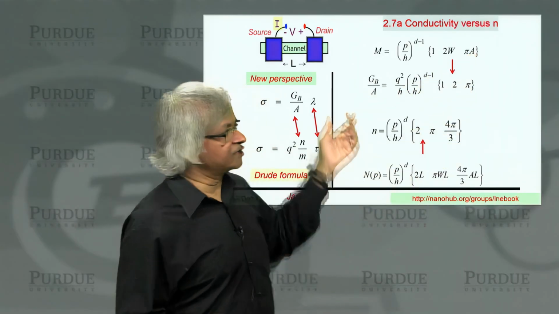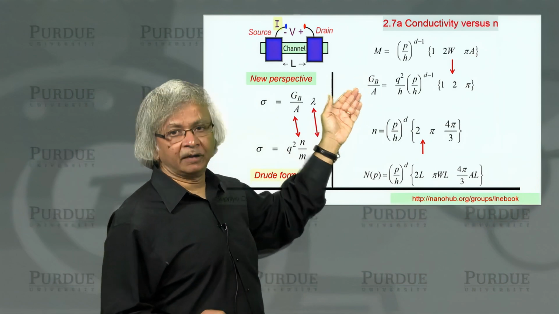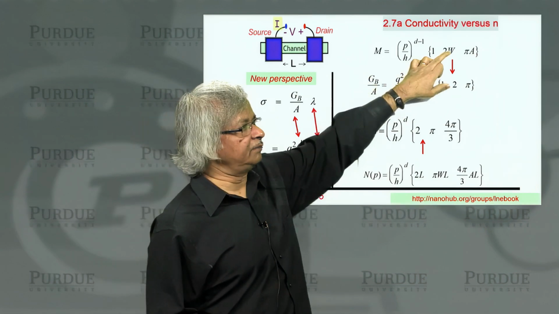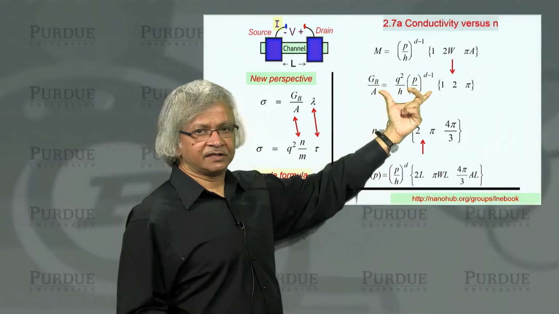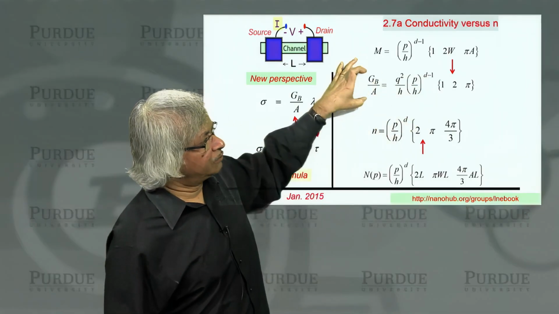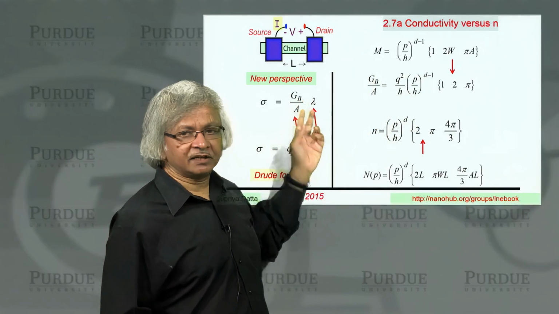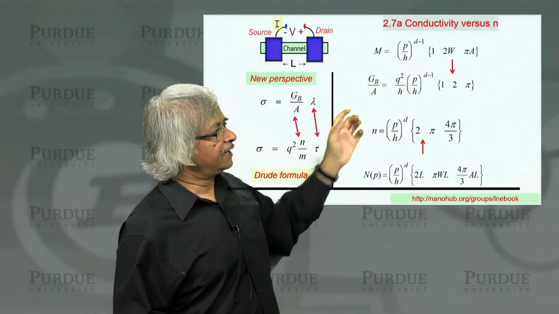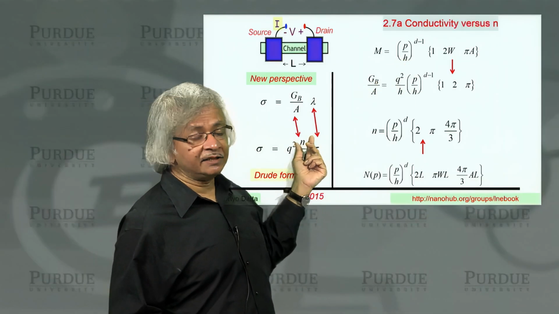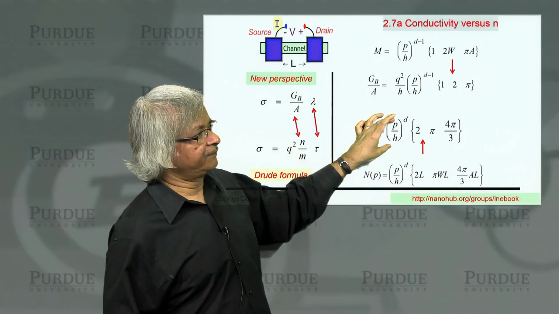If it was 2 dimensions, of course, it would be GB over W, and that's why I've dropped the W here. And if it's 1 dimension, then it's just GB. That's it. So the expression for this ballistic conductance per unit area looks something like this, and the expression for the electron density looks something like this.